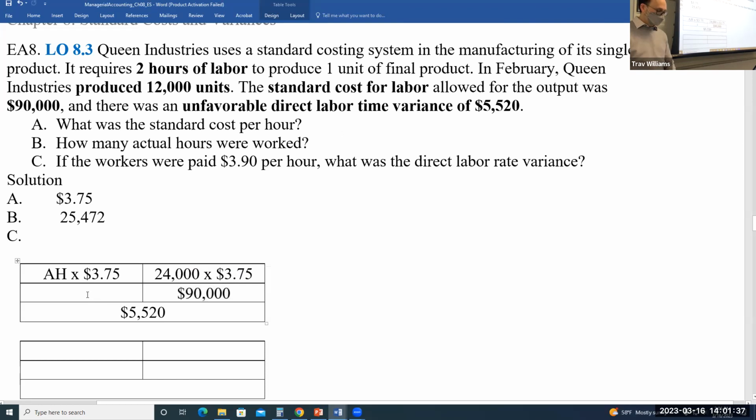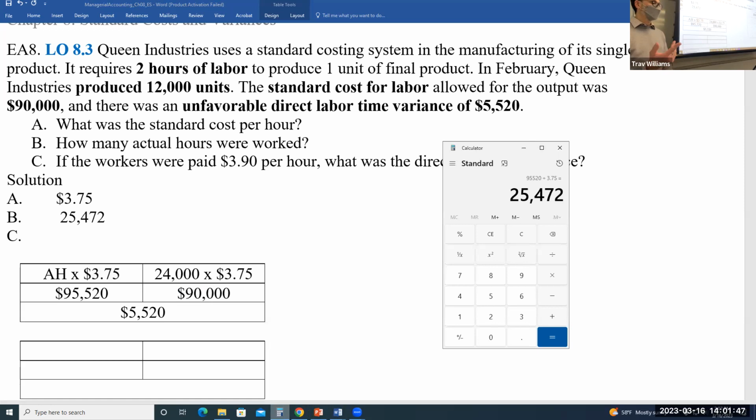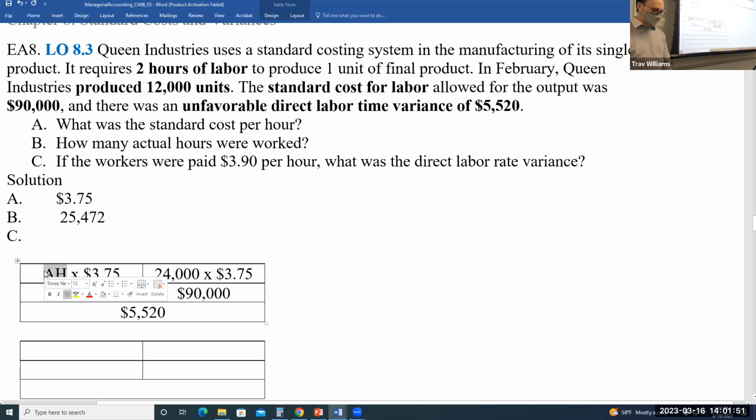So this is 95,520 over here. Then we divide by the 3.75. And that's how we got 25,472. Okay, I don't know if that helps at all. To me, it makes more sense if I go through it that way. And so that is our actual hours.